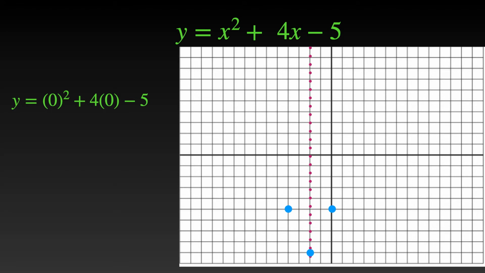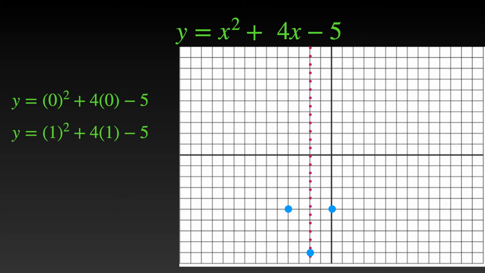Well, 2 spaces to the right of the axis of symmetry gives me the point I just found, (0, -5). 2 places to the left of the axis of symmetry lands at what, (-4, -5)? So that's a point I can add to my table of values if I'm making a table of values.